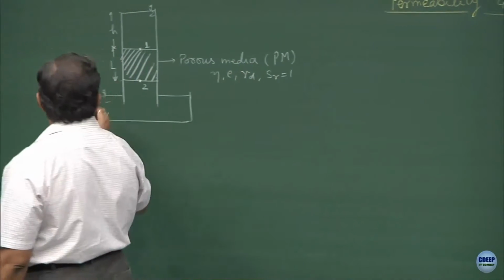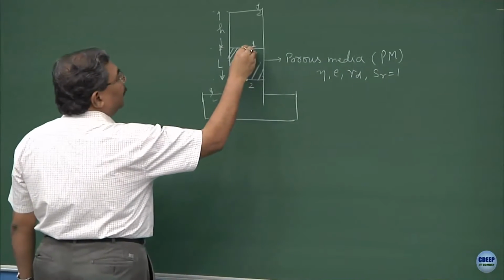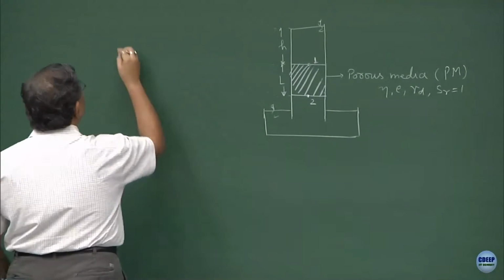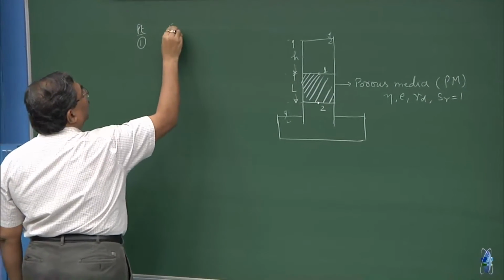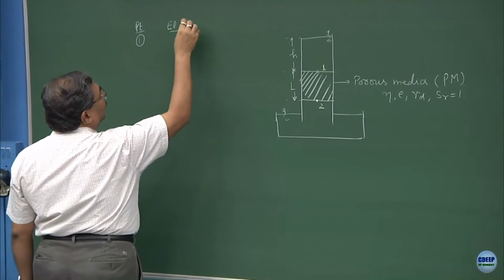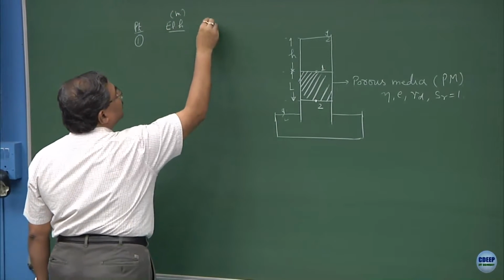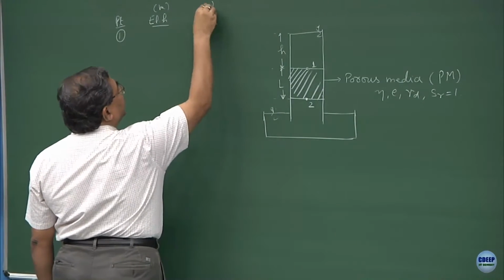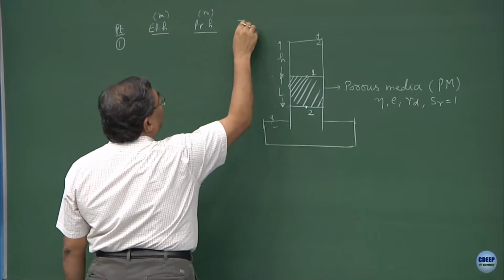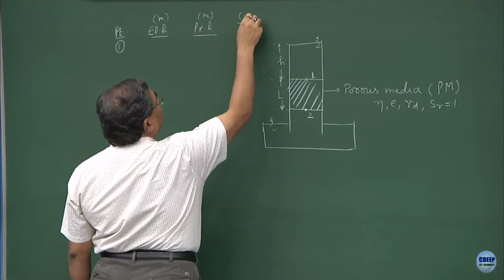So, as far as the elevation head is concerned, that is easy to obtain. So, if I say point, elevation head, this is in meters, the pressure head is also in meters, and the total head is also in meters.